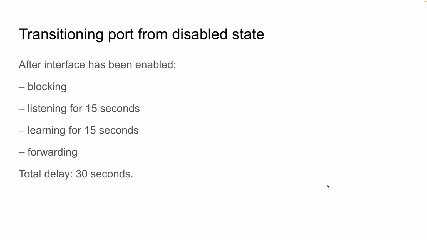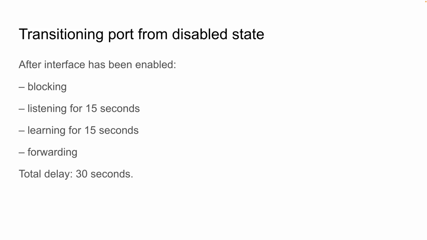Now, if a port was initially disabled with no shutdown command, and you've connected it to the switch and enabled it, it spends quite a short amount of time in blocking status, then transitions to the listening state, where it spends the next 15 seconds according to the classical STP algorithm.